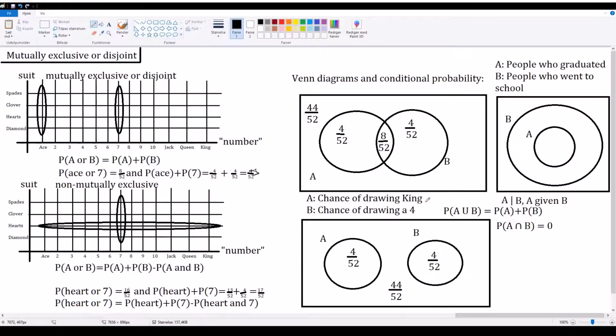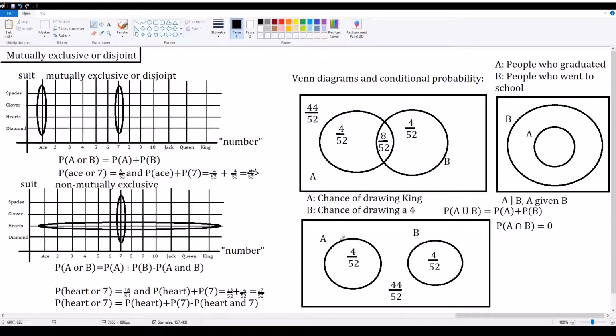A is our chance of drawing a king and B is our chance of drawing a 4. Well, you'll realize that this isn't exactly true because this here in the middle requires the card drawn to be both at the same time, which isn't exactly possible because a card can only be a king or a 4. So the better way to describe that situation is with this here.